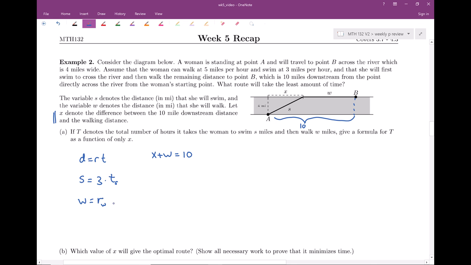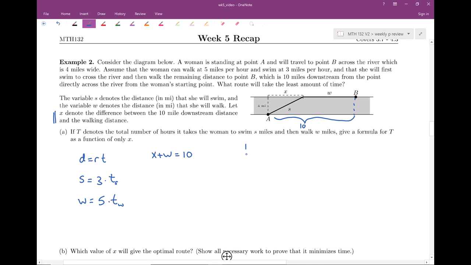She can walk at 5 miles per hour, so instead of walking rate, we're going to write 5. And our goal is to find T. T denotes the total number of hours it would take the woman to swim and then walk all of these miles, and we want T as a function of only X.